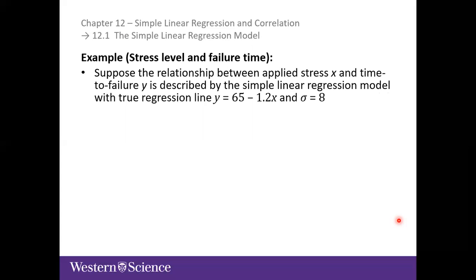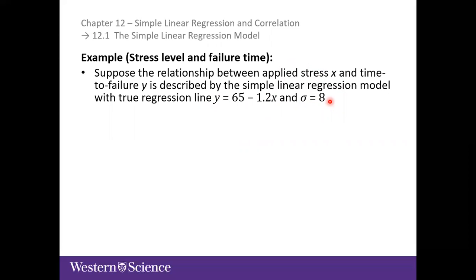Another example, stress level and failure time. Usually, if the stress applied to the material is larger, then the time to failure tends to be shorter and shorter. So we expect there's some sort of negative relation, and this can be represented as y is equal to 65 minus 1.2 times x, and the variance was found to be 8.